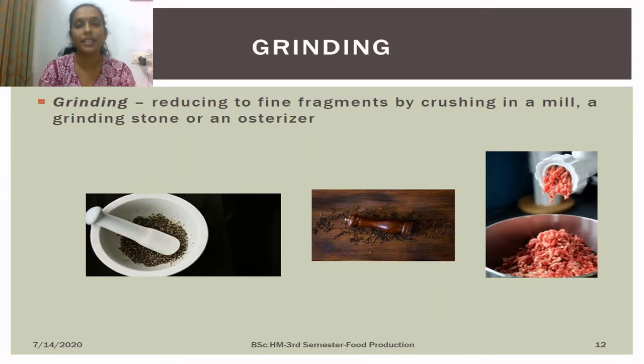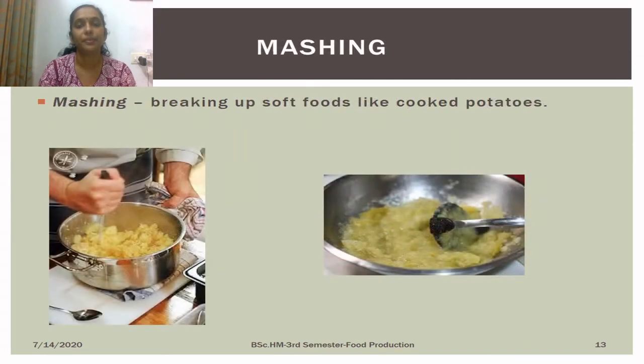Next one is grinding. Reducing the spices to fine fragments by crushing in a mill, a grinding stone or in an osterizer. Mashing. Breaking up soft foods like cooked potatoes with the help of a potato masher.